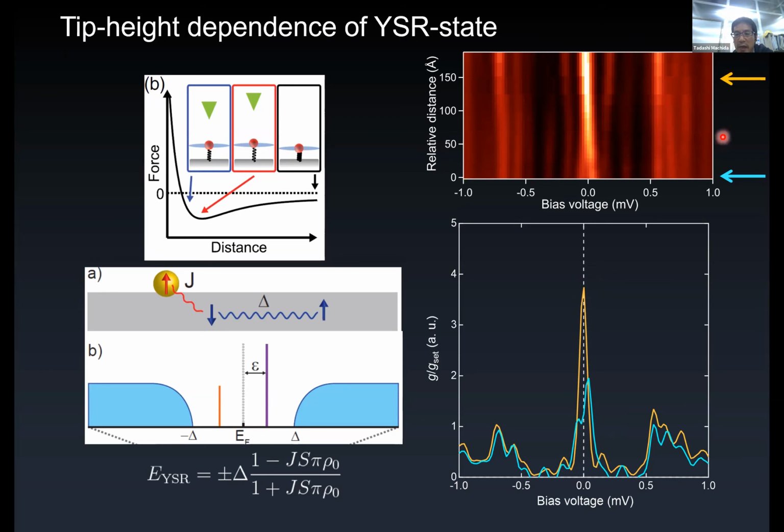And then when we approach the tip to the excess iron site, this zero energy peak splits into two finite energy peaks, as shown here. So this splitting suggests that the observed zero energy peak is not the Majorana zero mode. It's just a conventional Yu-Shiba-Rusinov state.